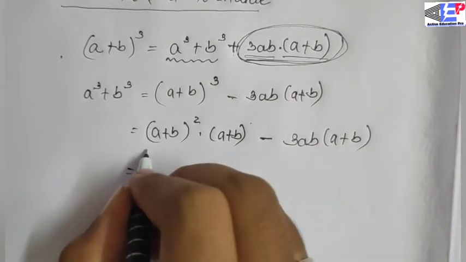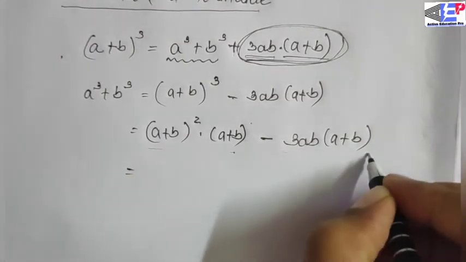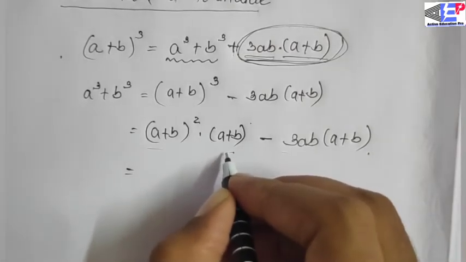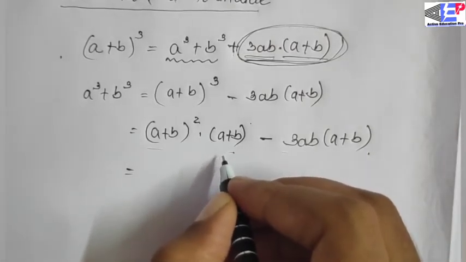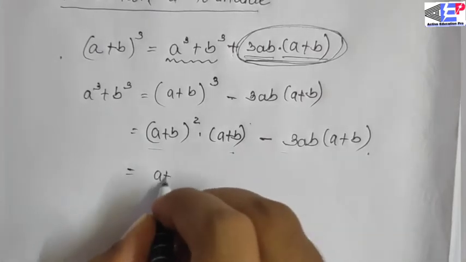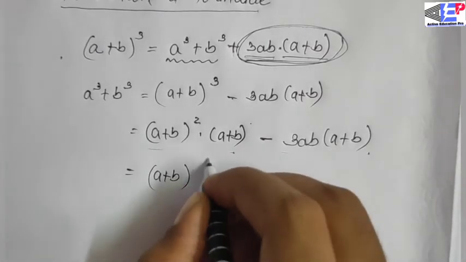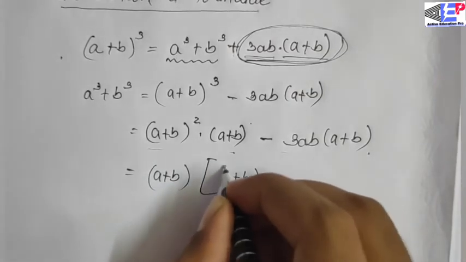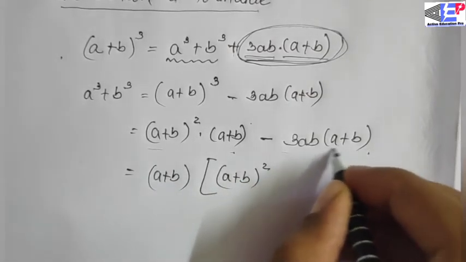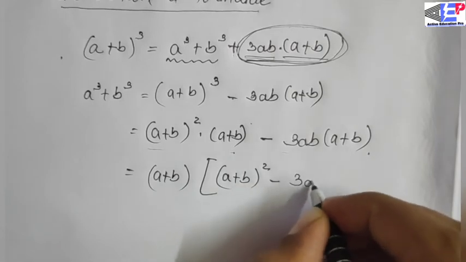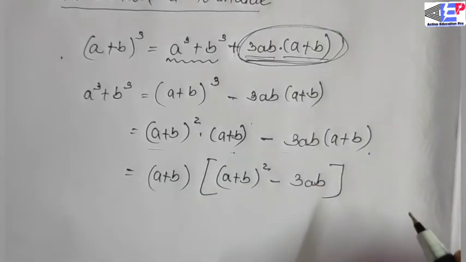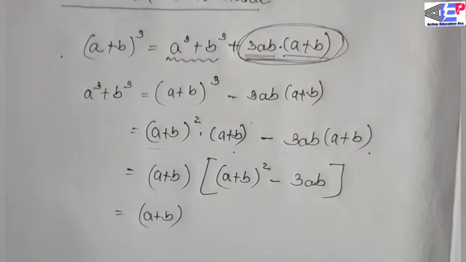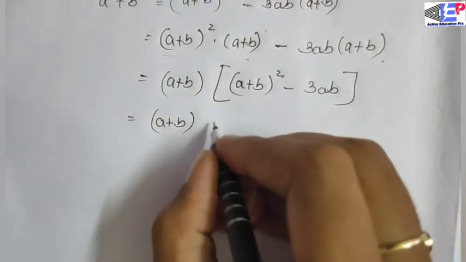There are two terms, and in both of them (a plus b) is common, so take (a plus b) as the common factor. The remaining factors are (a plus b) whole square, and minus 3ab is left over.